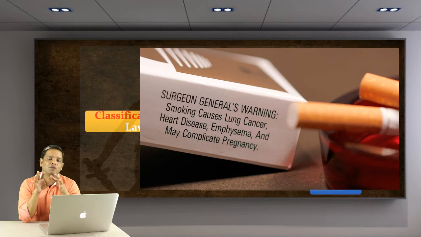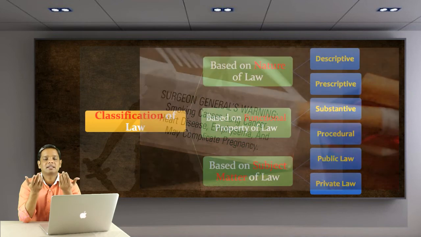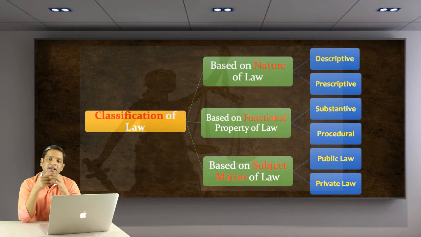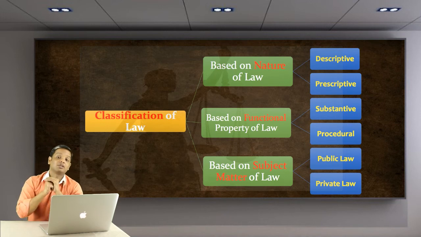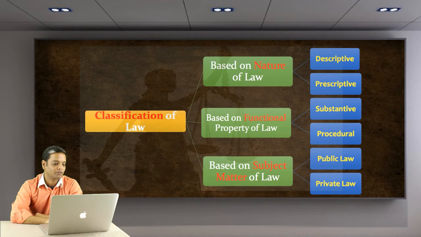If you are caught smoking, the police will not arrest you, okay, and even the person who is selling, the police won't arrest that person. So it is prescription, prescribed. If you follow or don't follow, it is up to your sense, your intellect, your understanding, your need, how you behave, okay. So that is prescriptive law.